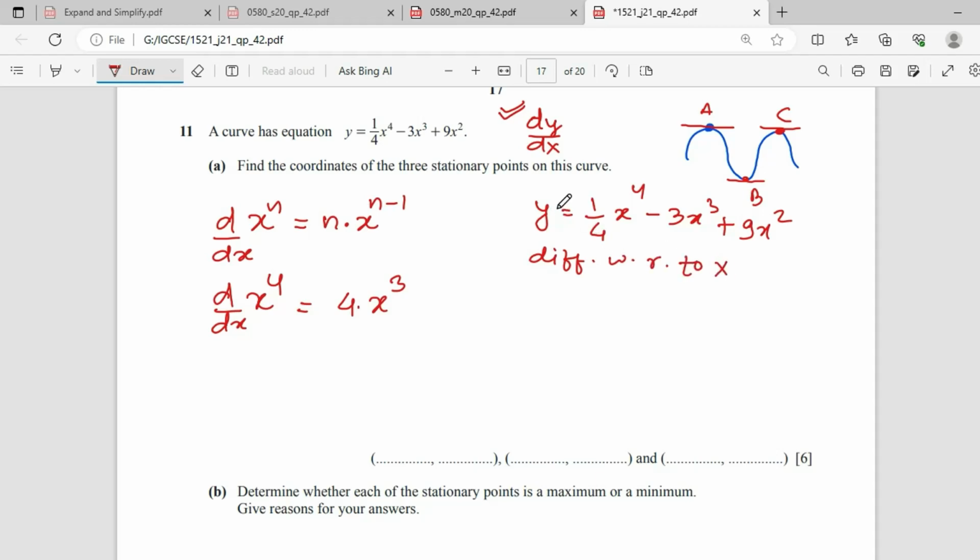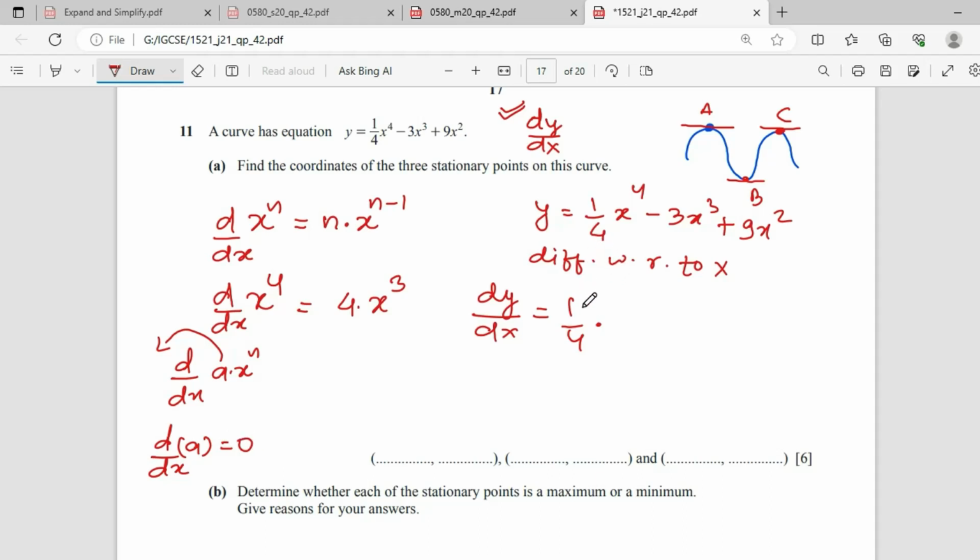So dy by dx is equal to, 1 upon 4 is a constant, so I will leave it as it is. If there is a term like a into x raised to the power n, a will come outside because it is a constant. And if there is only a constant value without any variable, like 1, 2, 3, the derivative will be 0.